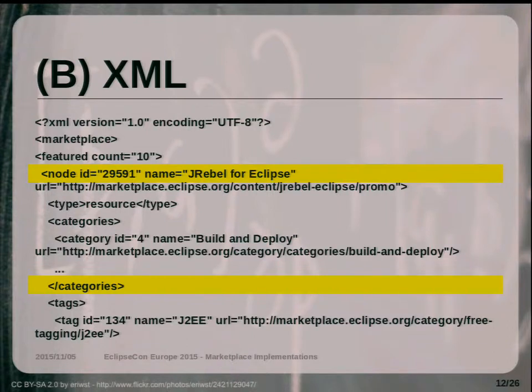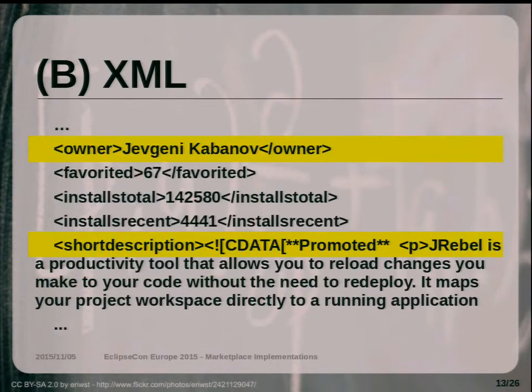You have the name, for example, here, JRebel for Eclipse. You have the URL where you can have access to the web page, and so on. You have categories, build and deploy when you search for certain things, and you have tag IDs, and I split it into 2 things because you have a lot of information in there. And you have an owner, you have favorited.